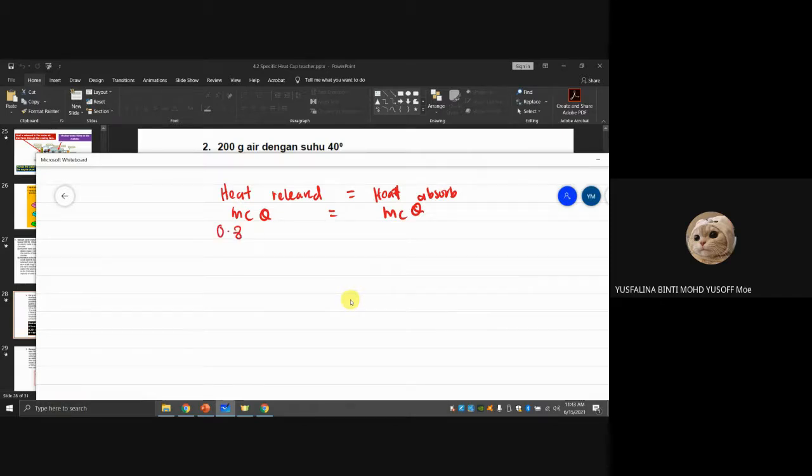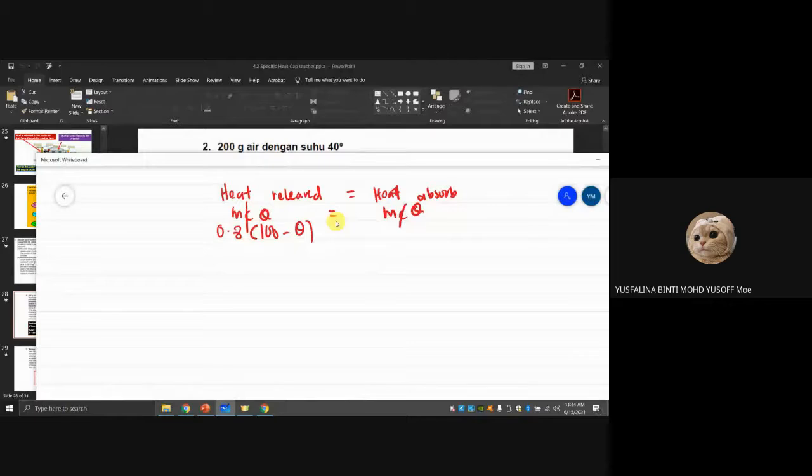The c you can just ignore, because when I move it over it will divide by c, so you can just cut it off. You will be left with only theta. Theta here is 100 degrees Celsius, and we lose energy, so the temperature will decrease. So it is 100 minus theta, so you can see the temperature is decreasing.